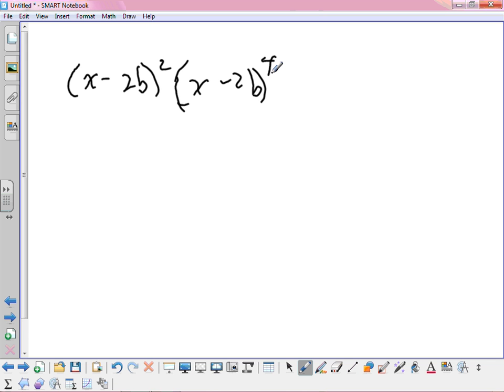So we've dealt with that somewhat with the exponent, because if you have a sum or difference, you could break it apart. But what happens with the base?